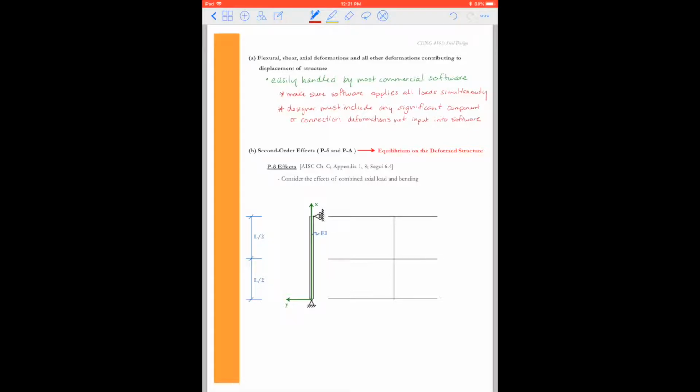So in order to understand this, I want to consider the following column. It's pinned on both sides.